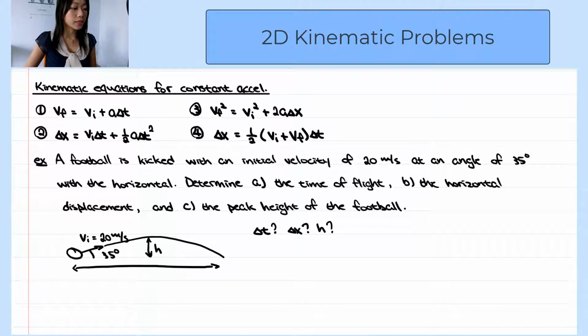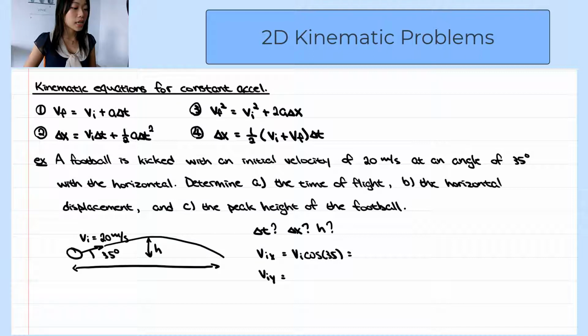How about the knowns? We know the initial velocity, which is 20 meters per second with the angle 35 degrees. We can decompose that into the initial velocity in the x direction and the initial velocity in the y direction. In the x direction, it will be the initial velocity times cosine of the angle, 35 degrees.